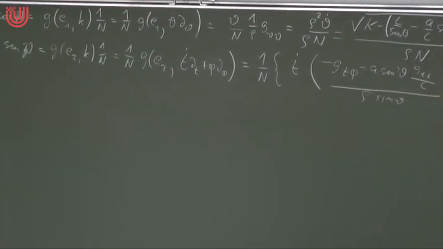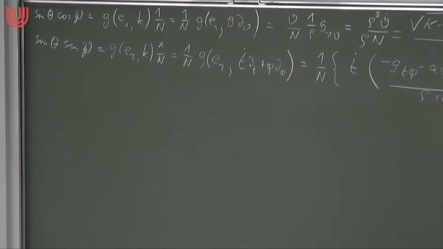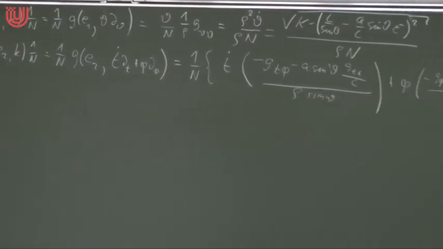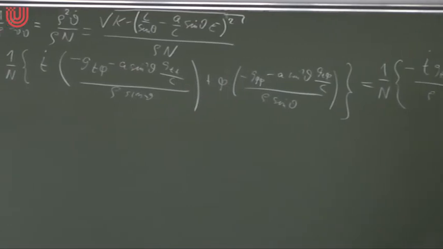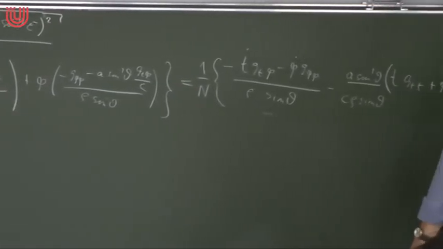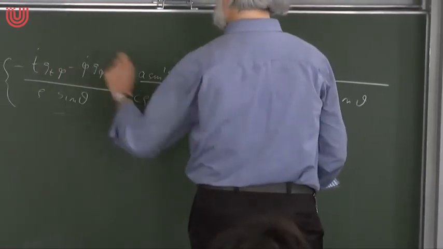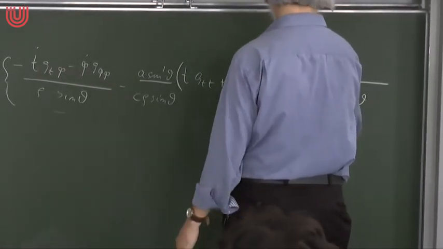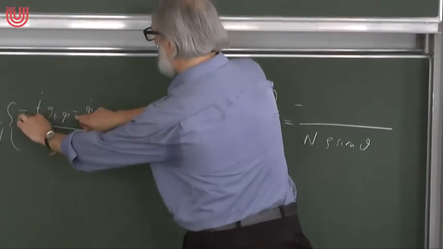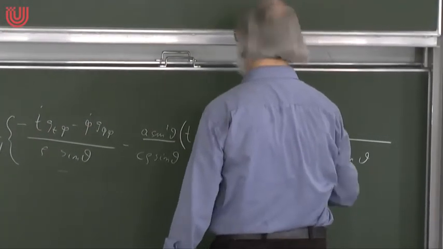So what we get is 1 over n. I think everything has a rho sine theta. And then I have here, this is minus E. No, with the minus sign it is plus E. It is plus E with a minus sign.